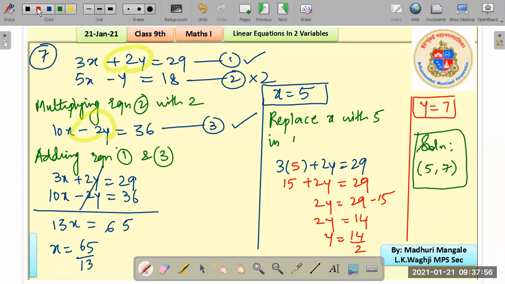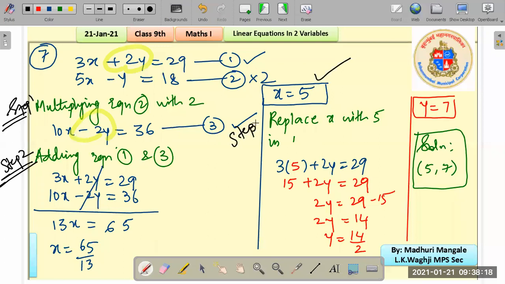So once again, quickly let me recap the steps. Step 1, multiply the equations or any one equation to make the y terms or x terms the same. Then step 2, either add or subtract to eliminate one of the variables and get one value, like x here.